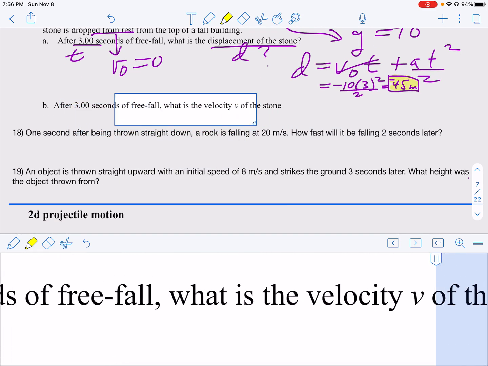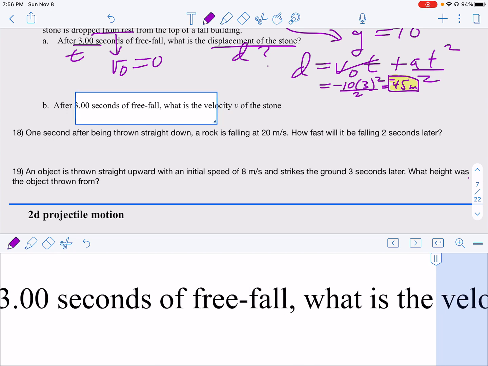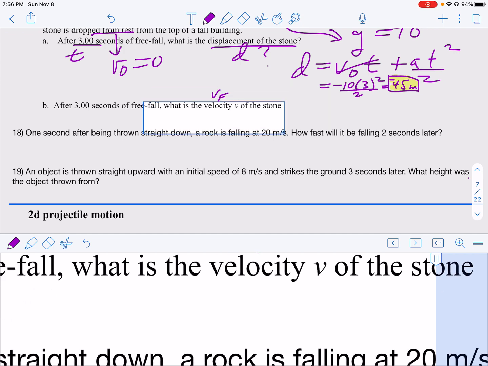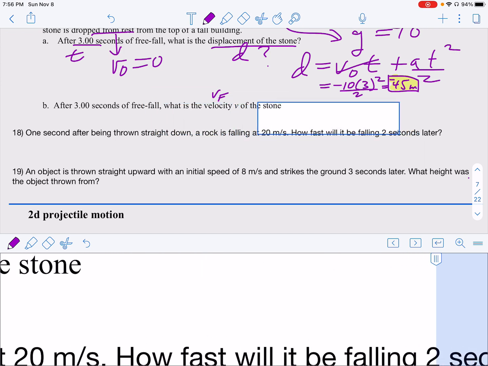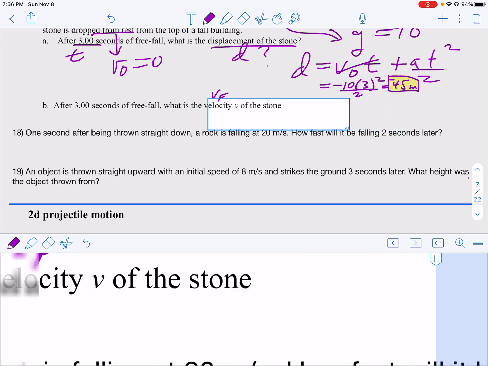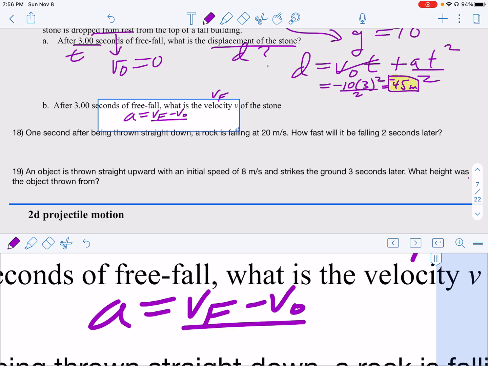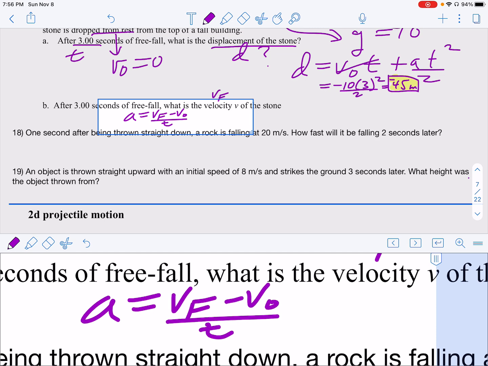What is the velocity of the stone at that time, after 3 seconds? Well, that's VF. You can do anything you want, but I would just use A equals VF minus V over T. There are several other equations you can use.